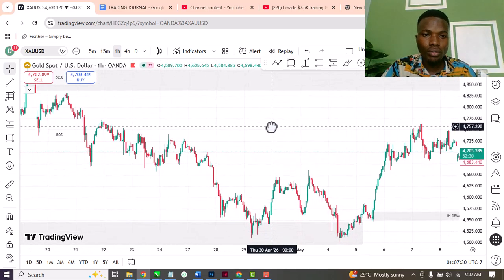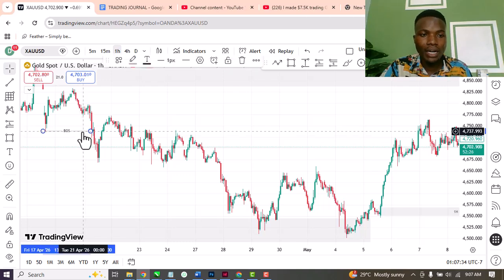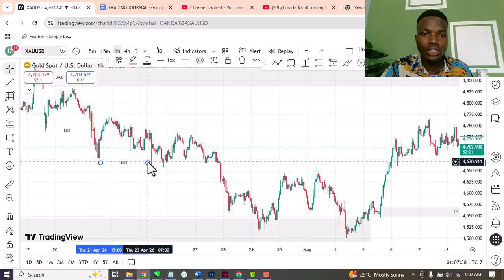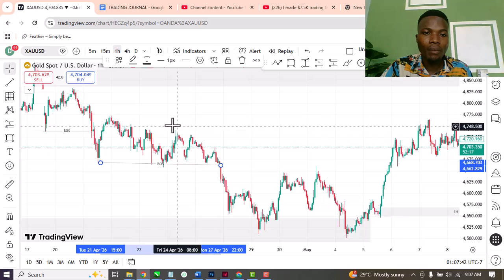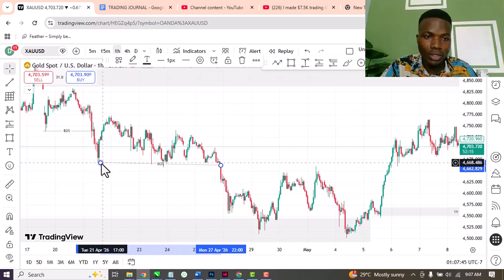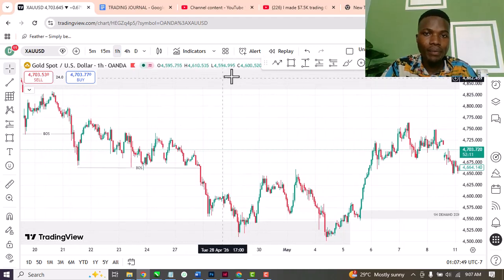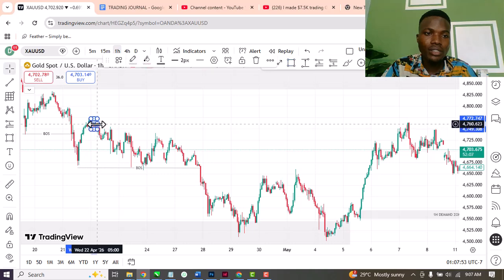Then also if we look closely, we also have a valid break of structure to the downside. This is me actually looking for my valid supply zone as well as this zone right here. So it means that up here above this zone we have a valid supply zone.